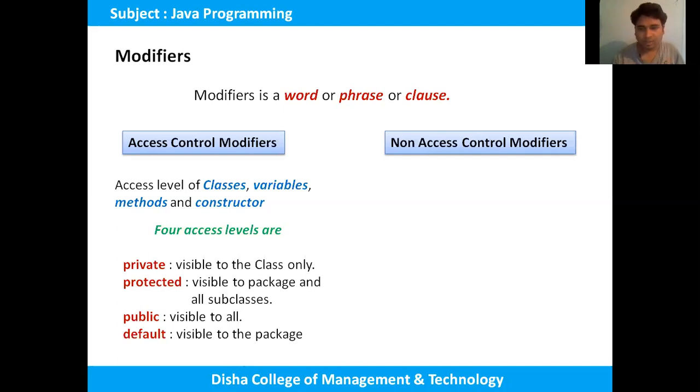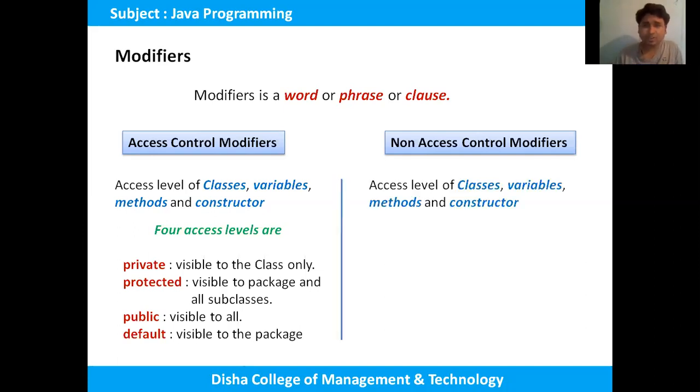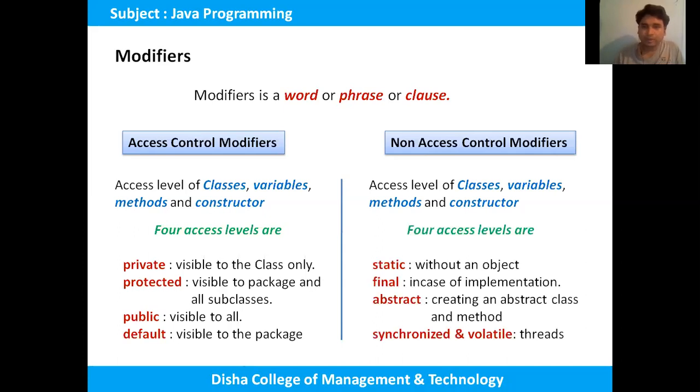There is another type of modifier called non-access modifiers. These non-access modifiers are also implemented in classes, variables, methods, and constructors. They also have four different types: static, final, abstract, and synchronized.